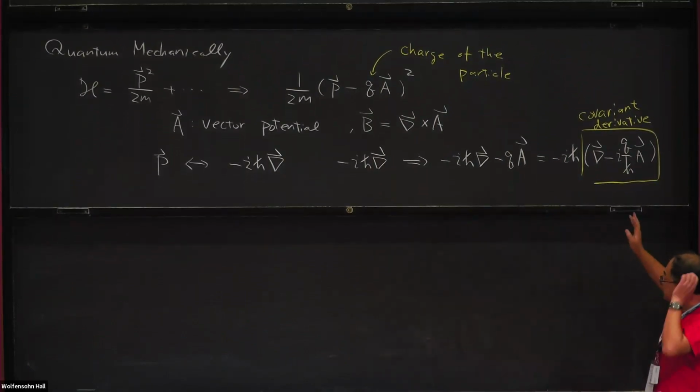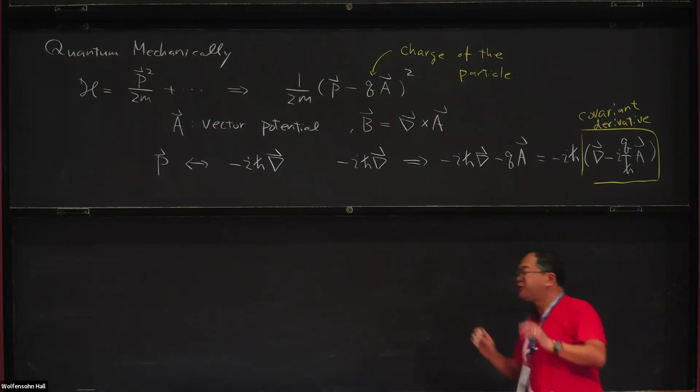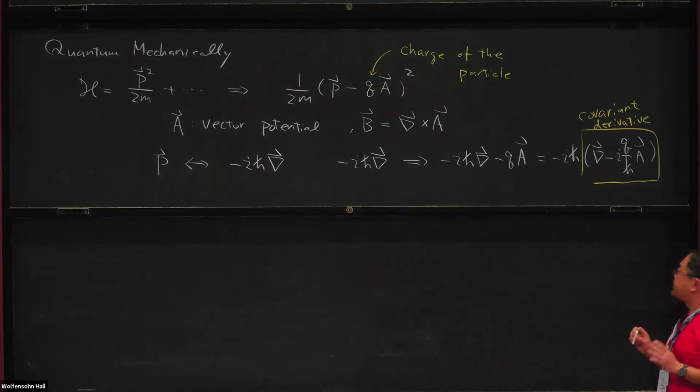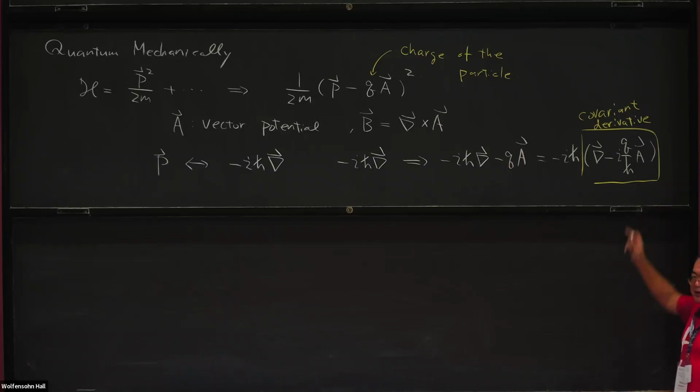As you know, electromagnetism is the simplest and maybe most important example of a gauge theory. This means that in the presence of an electromagnetic field or vector potential, when you consider parallel transport of a wave function, usually you just translate the value of the wave function to some neighboring location. But in the presence of a vector potential, you need to change the phase of the wave function according to the vector potential.